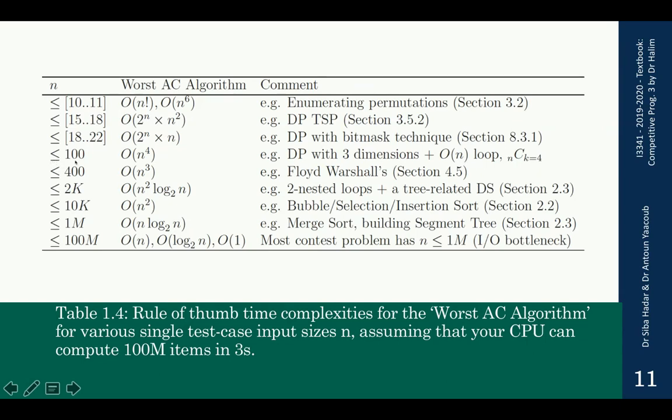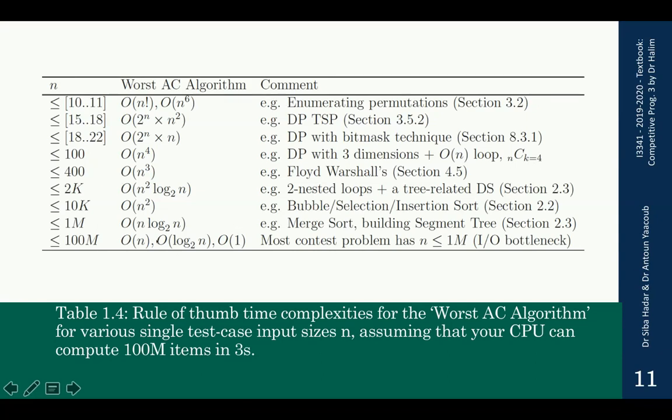For example, if the input size may be 100, the worst algorithm you may write is order of n to the power 4, because bigger than that your solution will exceed the time limit. For example, dynamic programming with 3 dimensions plus an order of 1 loop, or the combination of k elements among n.